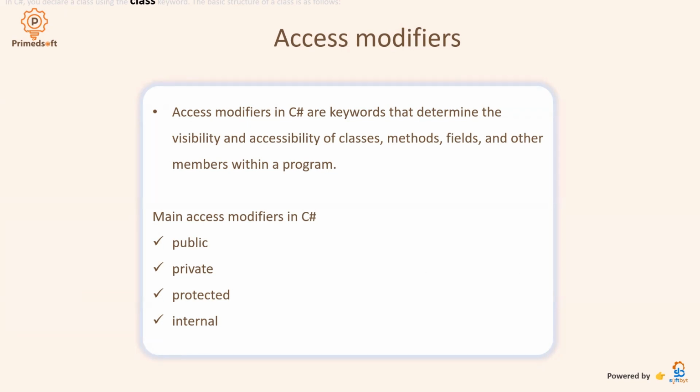The code in an internal class is only accessible within its own assembly, but not from another assembly. You can use that if it suits what you're doing. But like I said, we mostly use private and public, unless need be. Okay, any question?